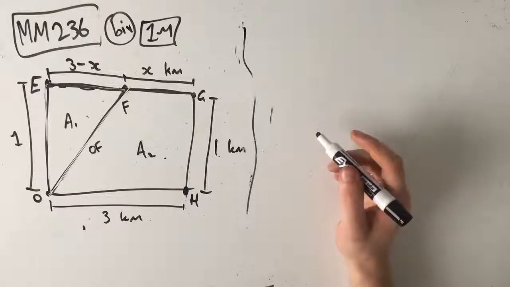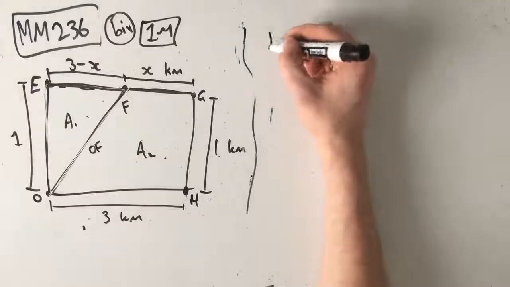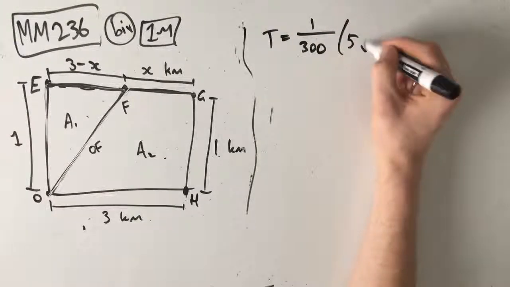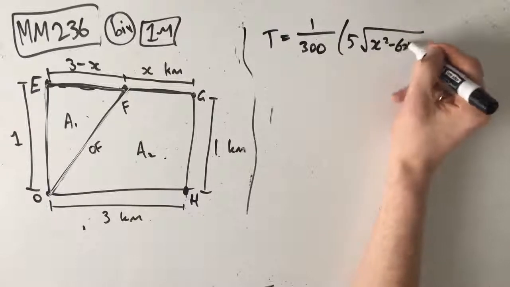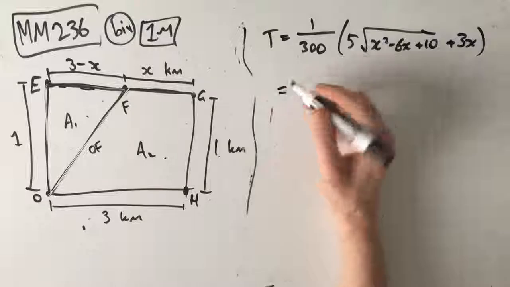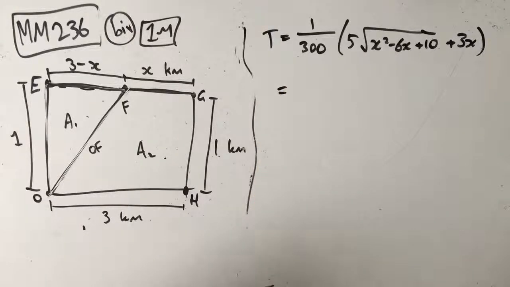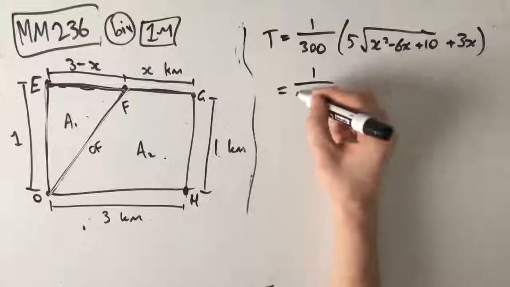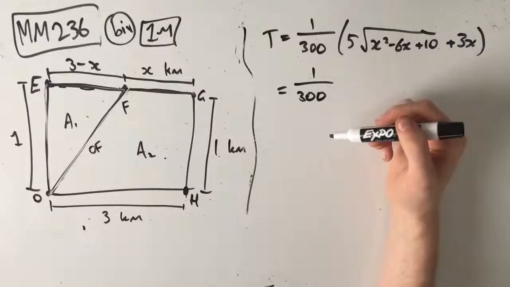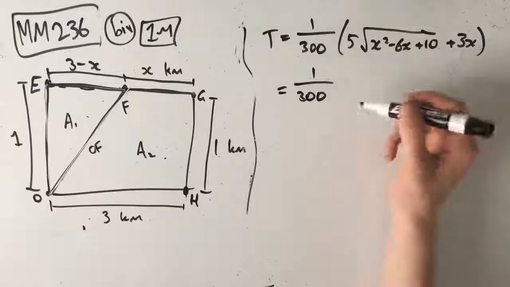So we're actually coming back to our initial time equation, right? Of t equals 1 on 300, (5 root (x squared take 6x plus 10)) plus 3x. But this time we know that our x value is equal to 1, right? Because the ratio of A1 and A2 is 1 to 2.